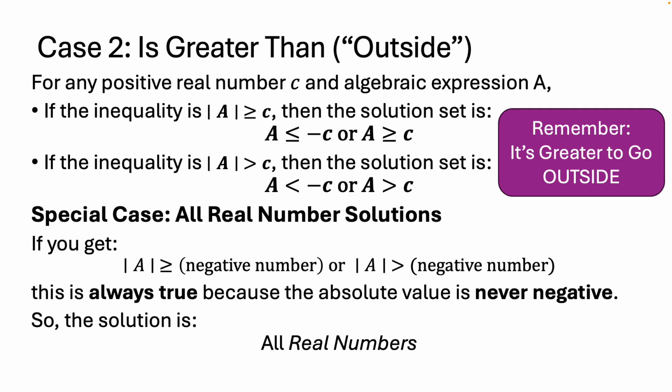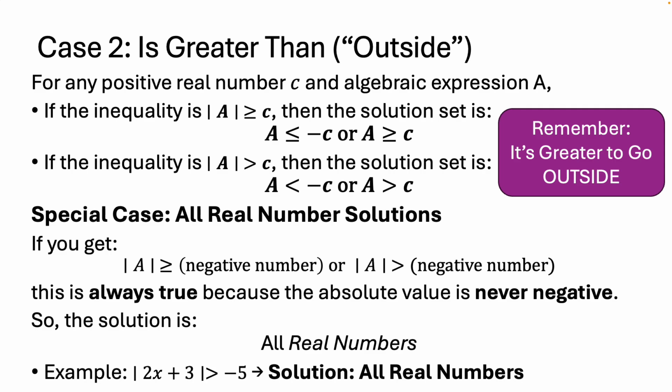So in this case, the solution would be all real numbers. For example, if you were working the problem, the absolute value of the quantity 2x plus 3 is greater than negative 5. On the left side, the absolute value would be positive for any value of x, and that will always be greater than negative 5. So the solution to this inequality would be all real numbers.